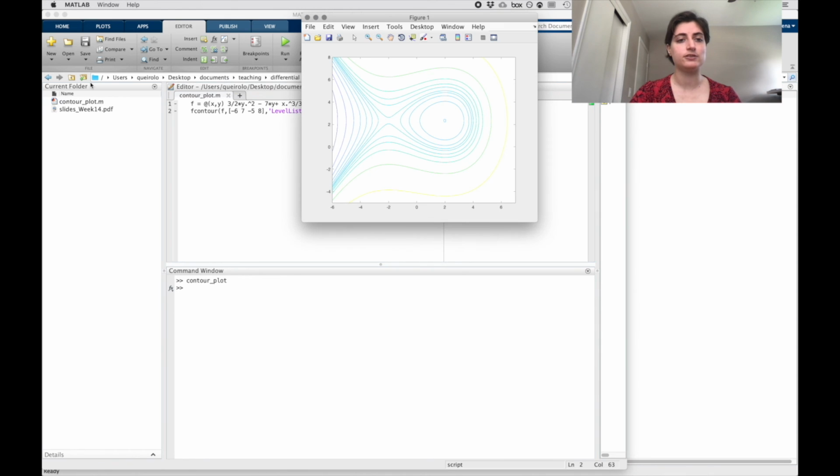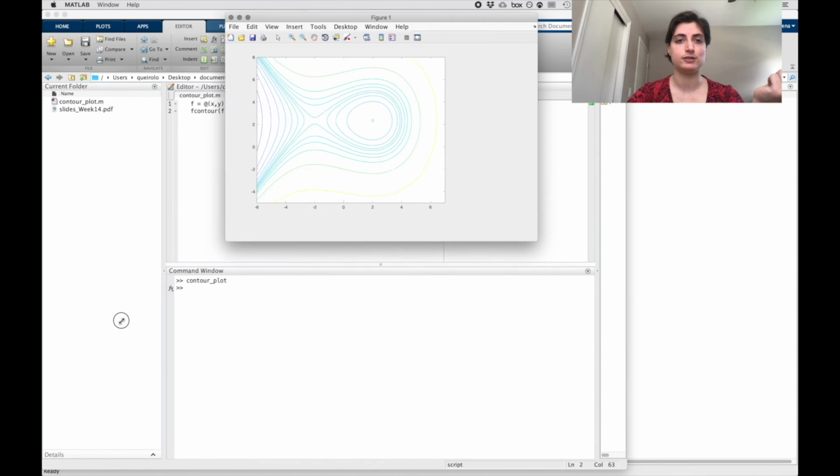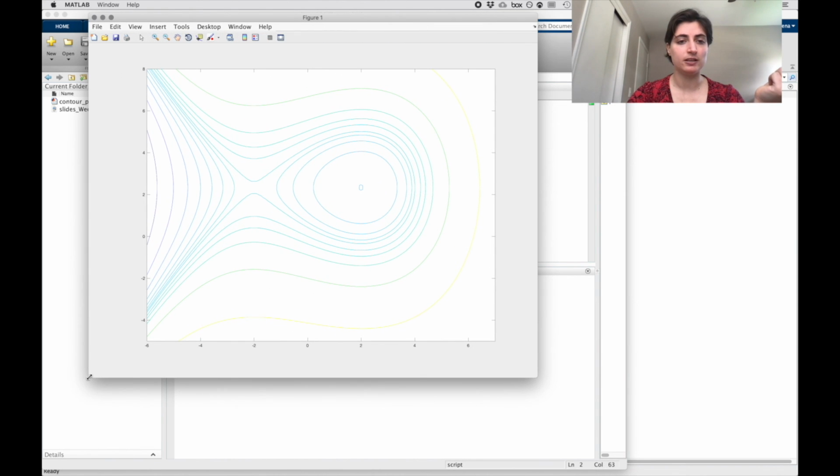And if we run this, we retrieve information about the shape of our trajectories. It might not be super clear. I'm going to post the MATLAB code in the course, but each one of these lines that you're seeing is the shape of one of the trajectories.